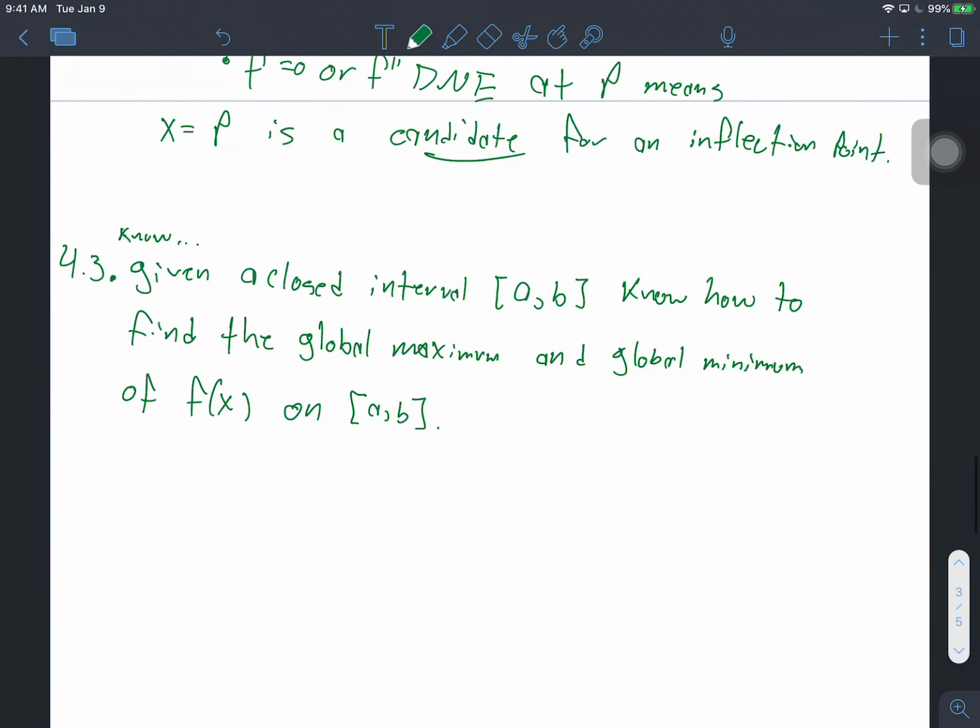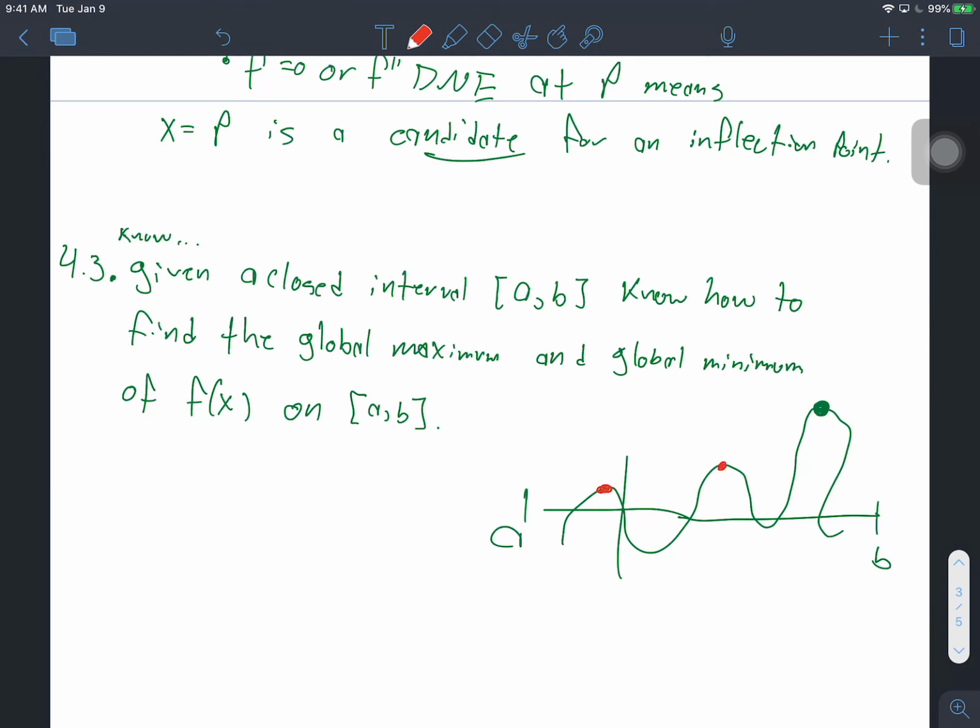Okay, so for example, I have some function like this. Here's b, and here's a. The global maximum will be the very highest that this graph ever gets, whereas these points illustrated in red are local maximums, but not global maximums.